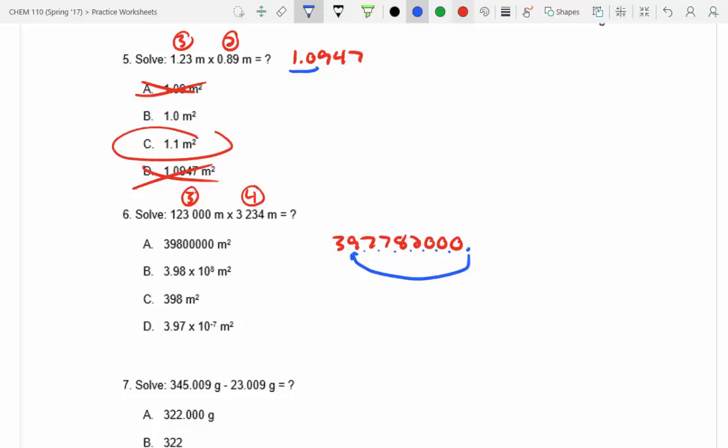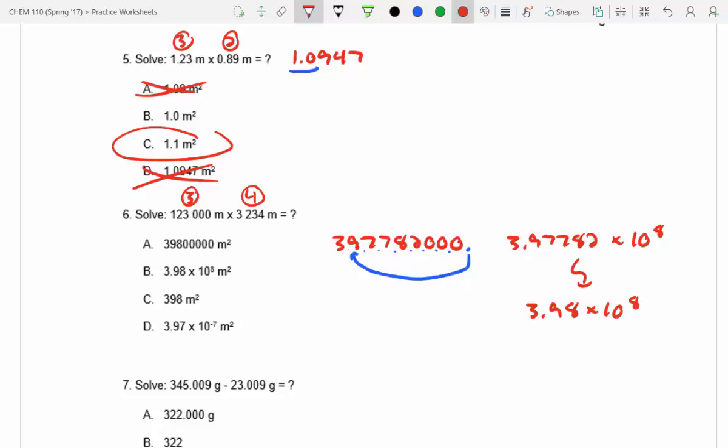So we could say this number could be 3.97782 times 10 to the 8th. However, that needs to be changed to 3 sig figs. So we'd have to change this to 3.98 times 10 to the 8th. That trims it down to the correct number of significant digits.